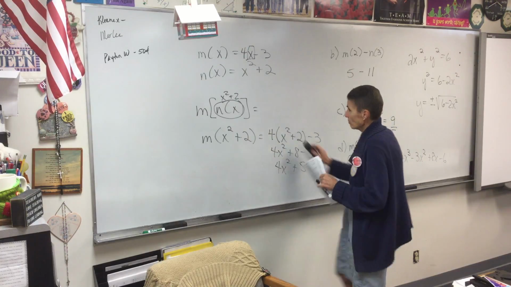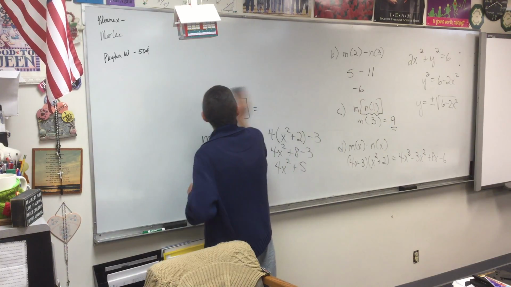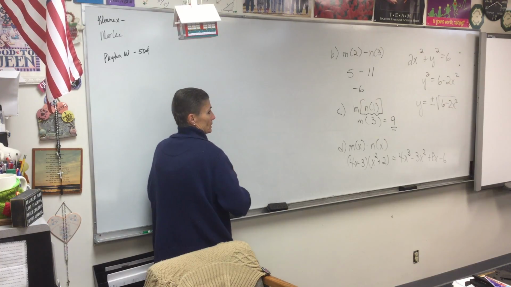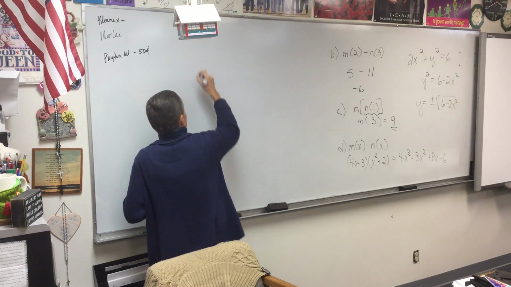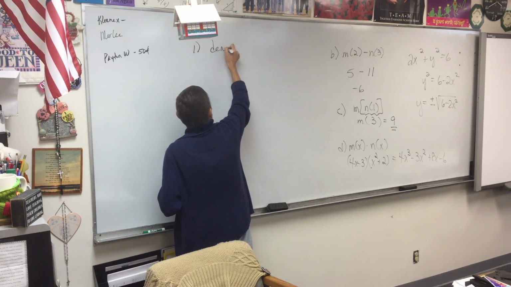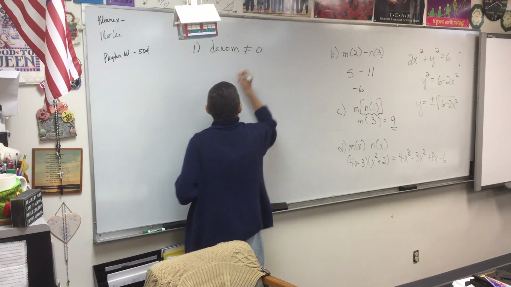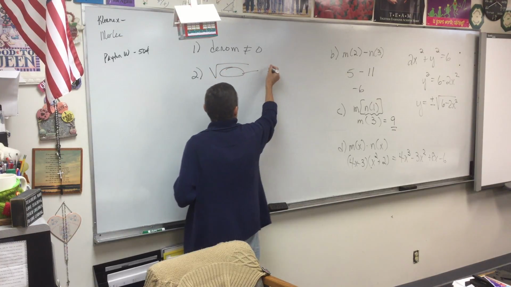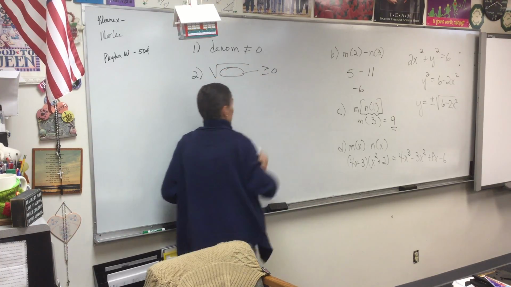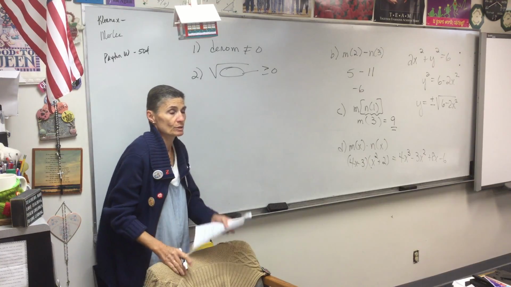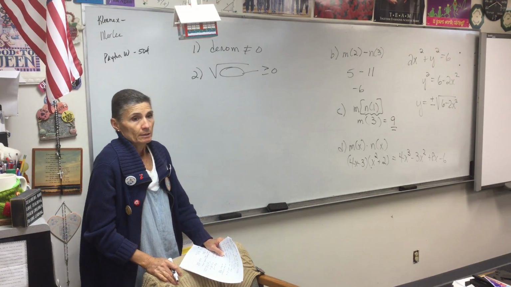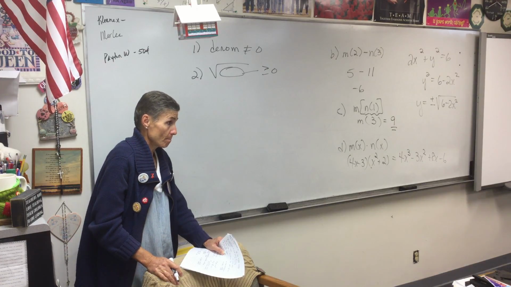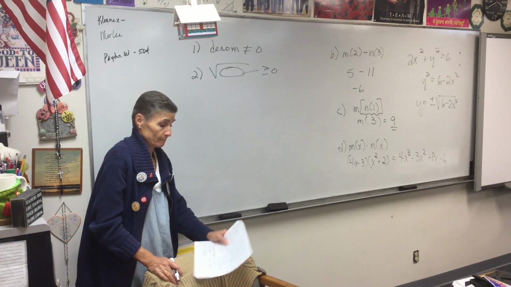Number 3, find domain. Just in case there's anybody in the room that forgets the rules, denominator cannot be 0. Whatever is under the radical must be greater than or equal to 0. Those are the rules. If you have not yet memorized those, I would suggest it before next Wednesday.